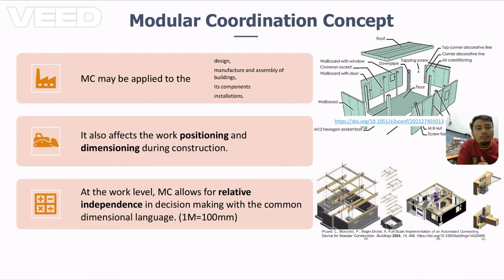It even affects how we work on site. And here's something interesting. MC allows for relative independence in decision making. As long as everyone uses the same dimensional language, 1M equals 100 mm, teams can work autonomously yet still stay coordinated among the parties.